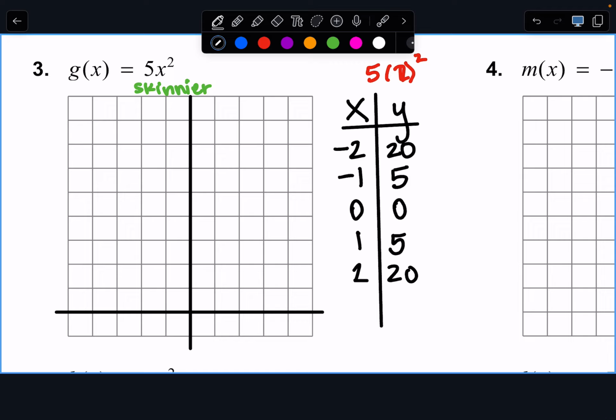All right, so I'm going to put a V right here for vertex because 0, 0 is where we are switching directions in this graph. So I have 0, 0, 1, 2, 3, 4. I have 1, 5, and -1, 5. It doesn't look like I'm going to fit 220 on this graph. That's okay. We know that it's going to be super skinny.